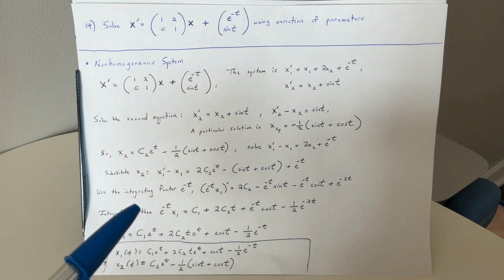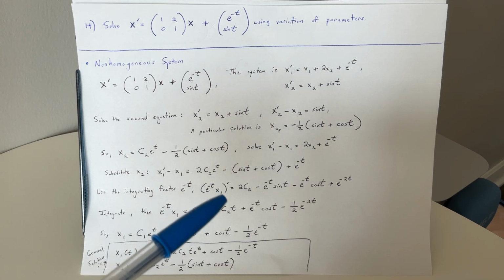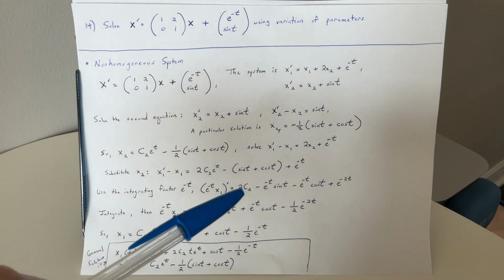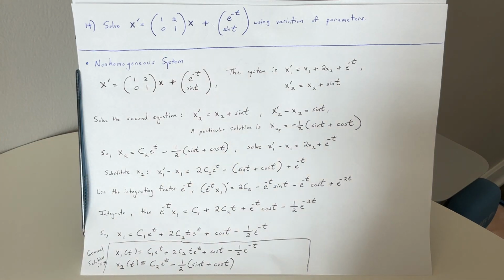Using the integrating factor e to the negative t, e to the negative t x sub 1 prime equals 2c sub 2 minus 2c sub 2 minus e to the negative t sine t minus e to the negative t cosine t plus e to the negative 2t.